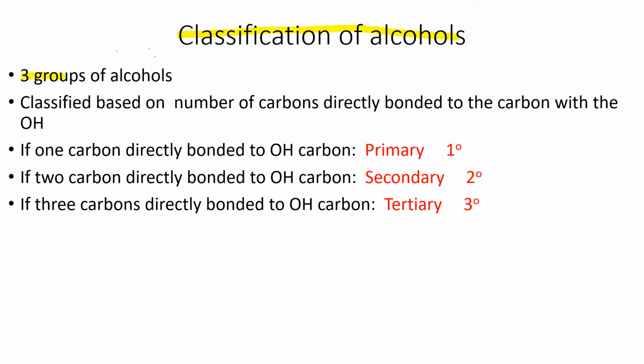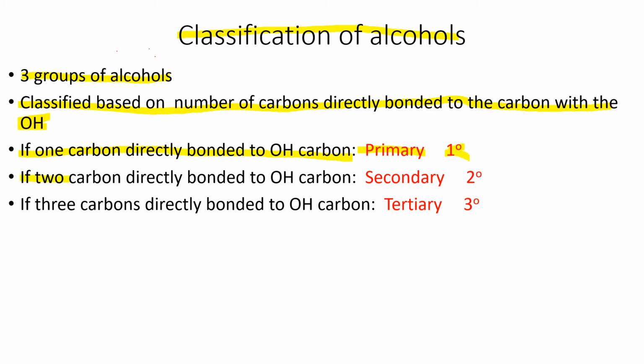It turns out there are 3 groups of alcohols, and these get classified based upon the number of carbon atoms directly bonded to the carbon that has the OH. And what we're going to find is that if there is 1 carbon directly bonded to the carbon with the OH, we call that a primary alcohol, sometimes shorthand symbolized as a 1 with a degree symbol.